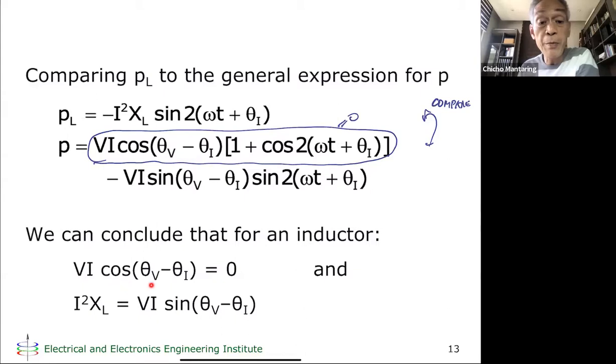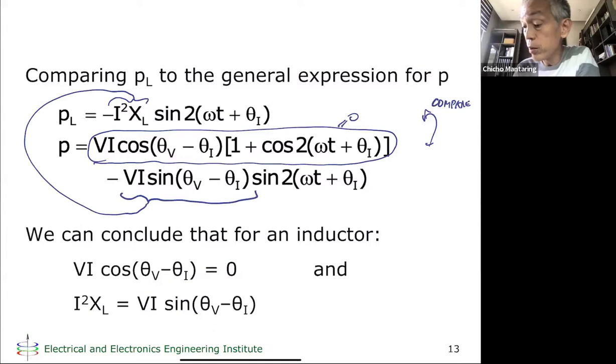VI cosine of theta V minus theta I must be equal to 0. And then this term must be equal to this term. Dapat magkapareho to. That's why we say I squared XL must be VI sine of theta V minus theta I.